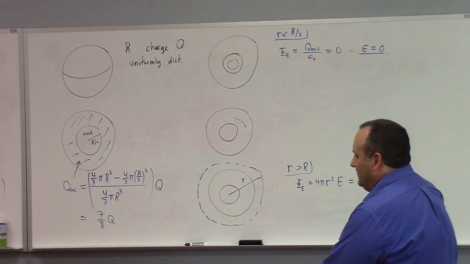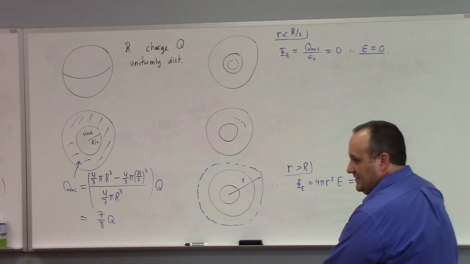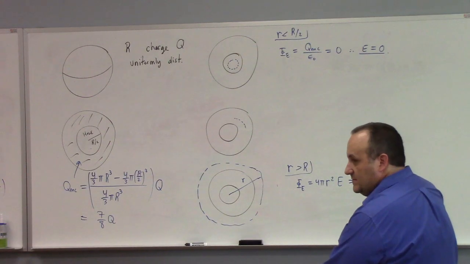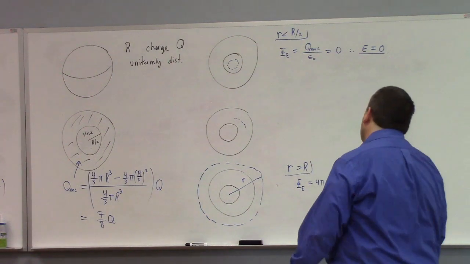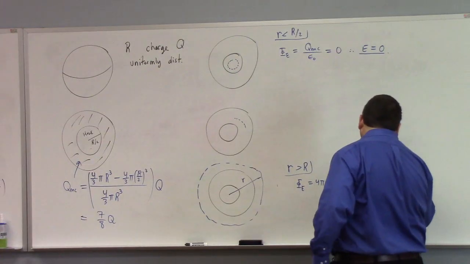Which is kind of disturbing, right? But remember, we're talking about volume here, and if you halve the radius, you don't halve the volume. Doubling the radius doesn't just double the volume, it makes it 8 times as big. So this makes sense. So 7/8 Q is what we got over here.